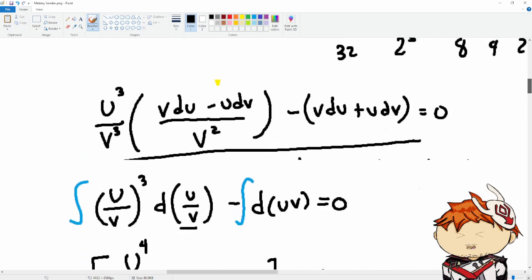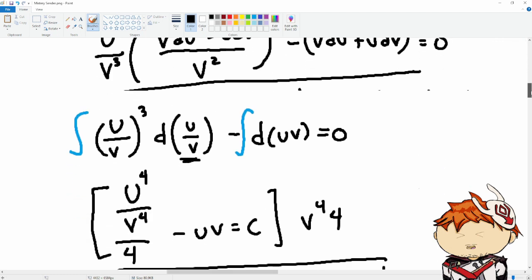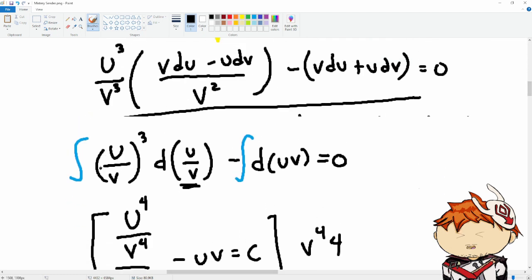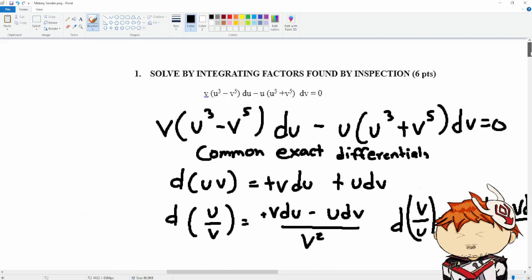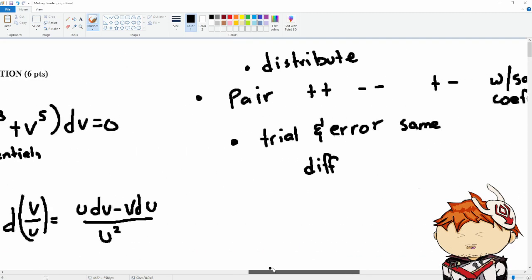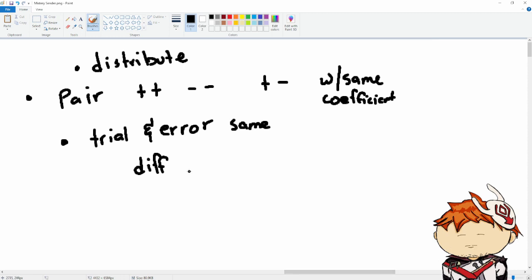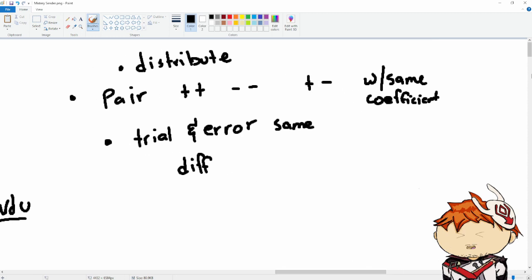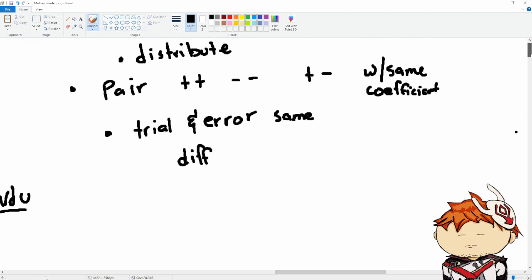If we're going to have a quotient or a fraction, u over v, the variables in its differential should be u over v. So this is u over v, this is u over v, this is the uv product. It needs to have the same variables in the same manner. Same differential, and you cannot integrate that.